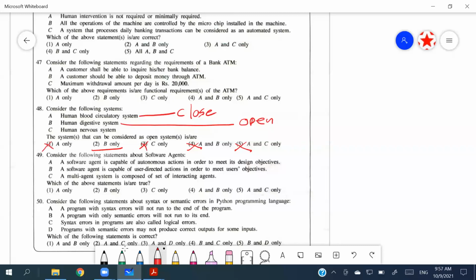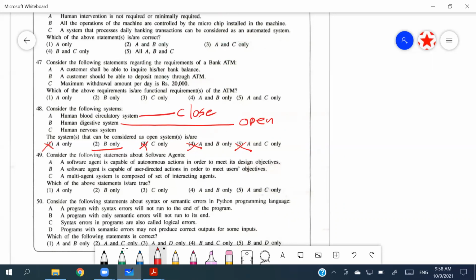But when it comes to the human nervous system, some are arguing it is a closed system, but it is not a closed system actually, right? Because the human nervous system is the one which helps us with the sensing part. We get the sense once we touch something or interact with something.